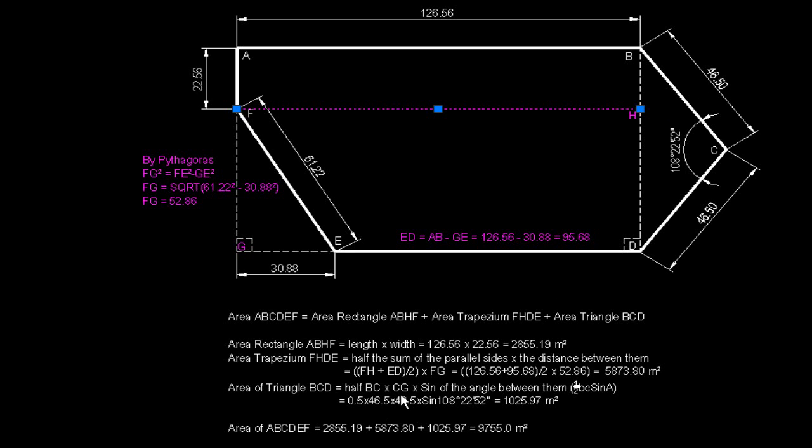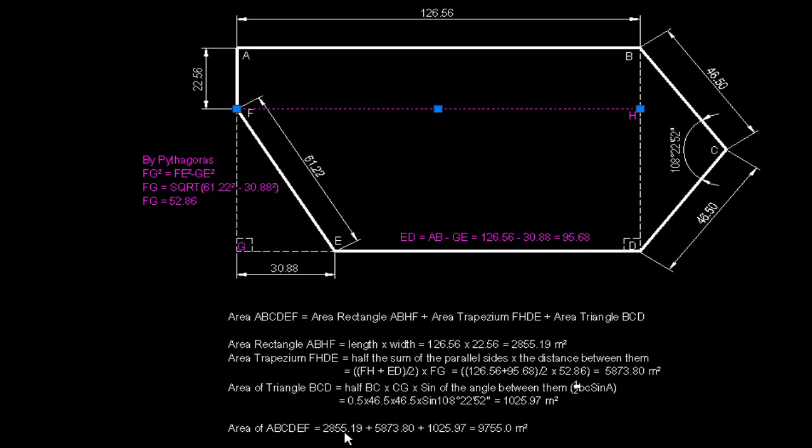So half BC times, in this case, CG times the sine of the angle between them, which is 108.2252. So we do that calculation, 0.5 times 46.5 times 46.5 times sine 108.2252. Remember that you must convert the degrees to decimal degrees and be using a calculator in degree mode, and multiplying that out I get 1025.97 metres squared.